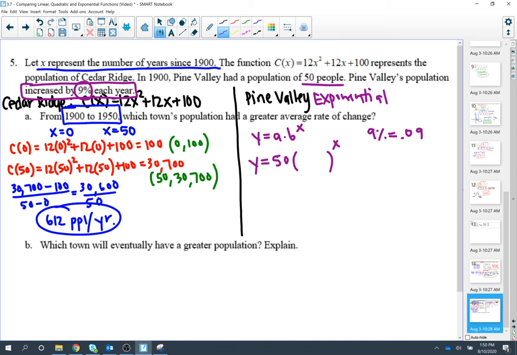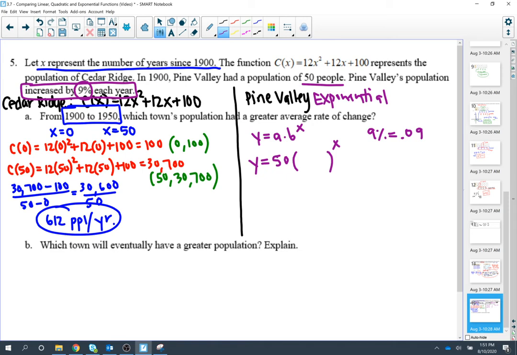Is 4.5 an increase from 50? And the answer is no. So really, if you take your 50 people and you multiply by 0.09, it gives you 4.5, but that's the increase.